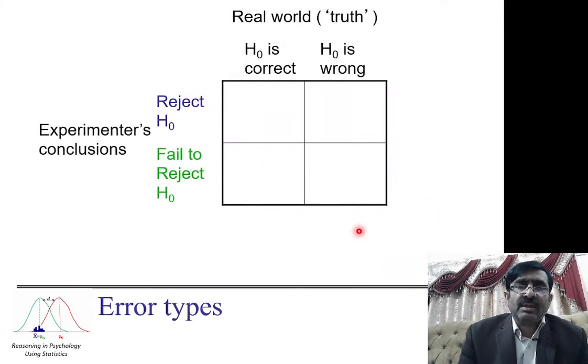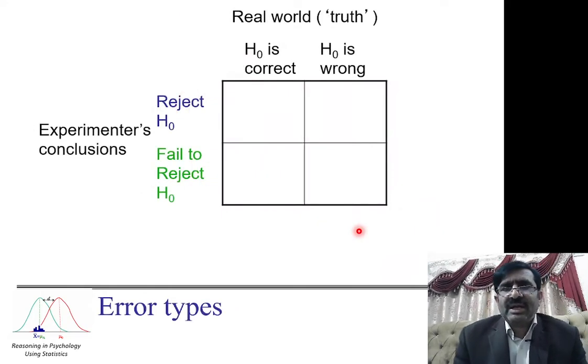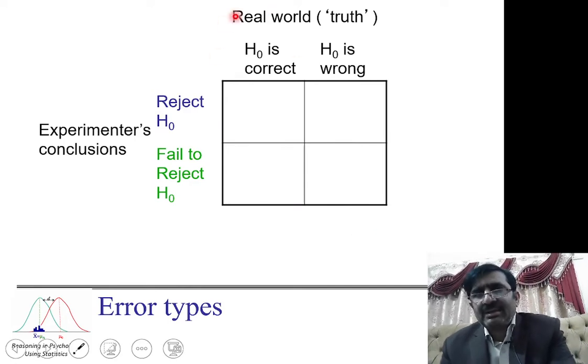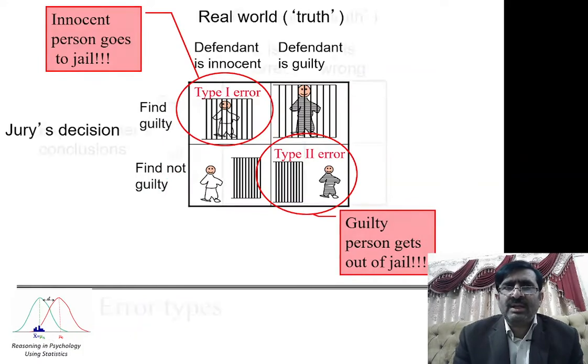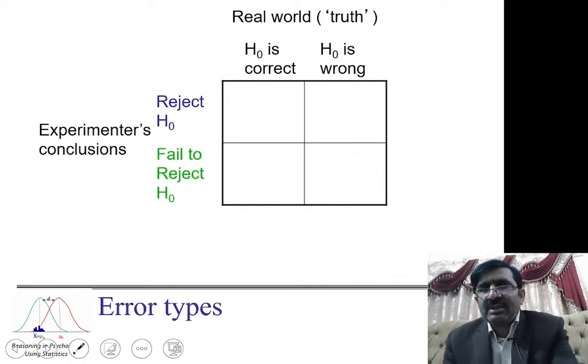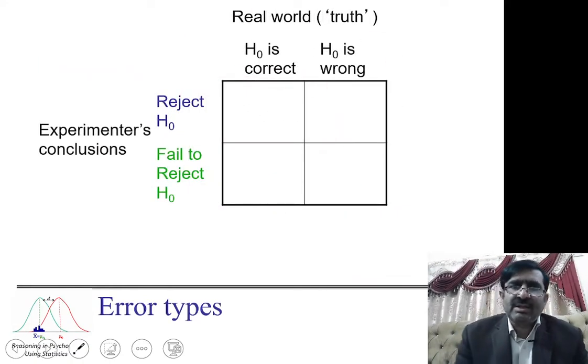In statistical form, H naught is correct or H1 is correct. There are two options, very similar to the previous slide: defendant innocent, defendant guilty. Here, H naught is correct or H naught is wrong.